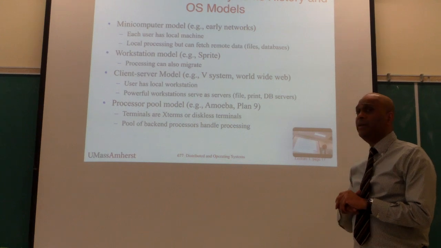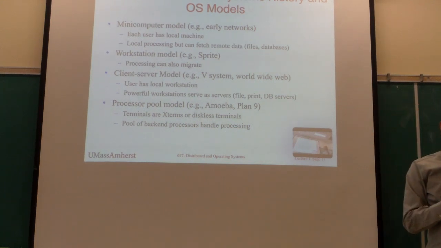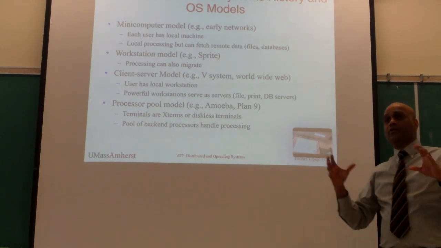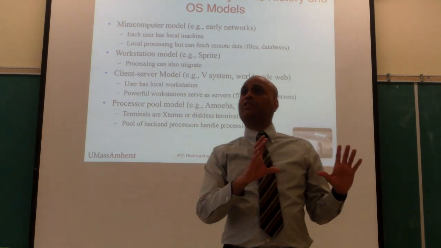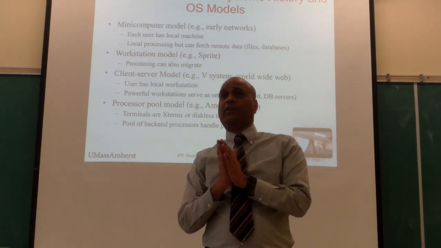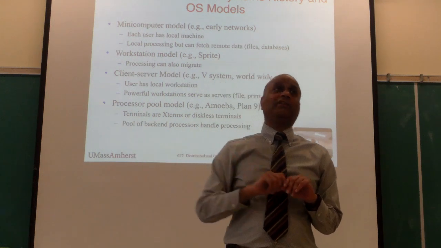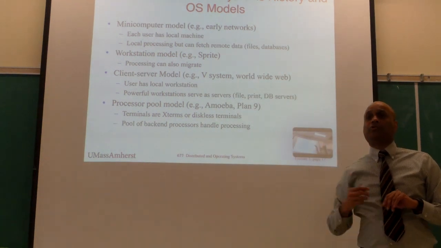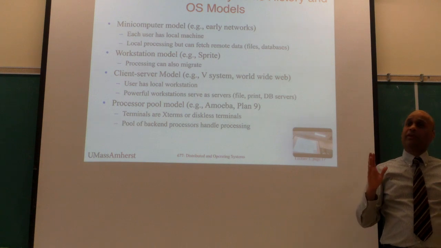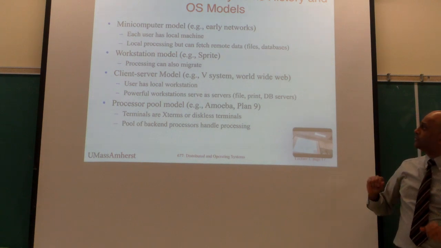So in the early days, we had what was called a mini computer model. There was one machine, users had terminals that they used to connect to that machine, and they just worked on those terminals. These machines had very slow networks that they could use to talk to other machines. Those were very early distributed systems.